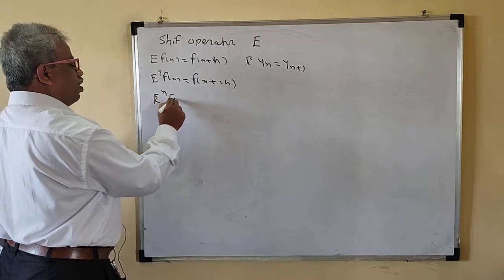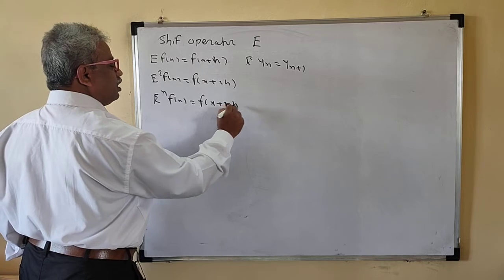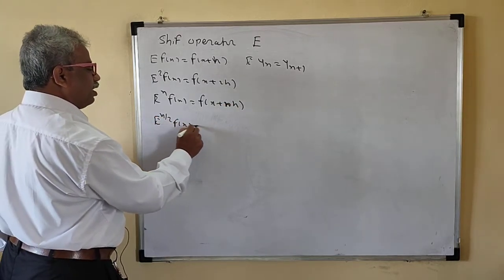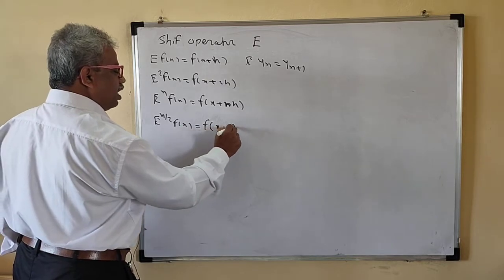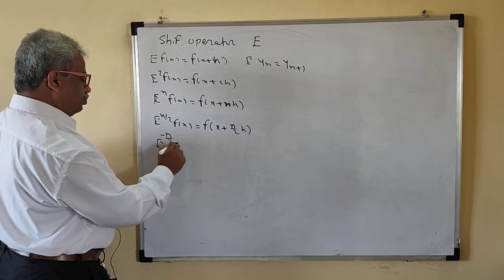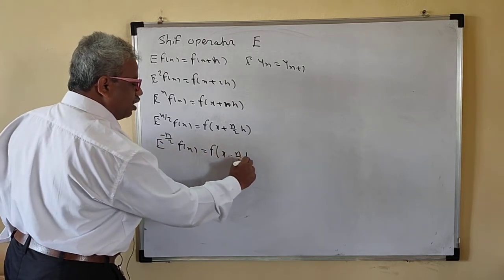E raised to n f of x is the same as f of x plus nh. E raised to n by 2 f of x काय असेल ते f of x plus n by 2 h. E raised to minus n by 2 f of x is f of x minus n by 2 h.